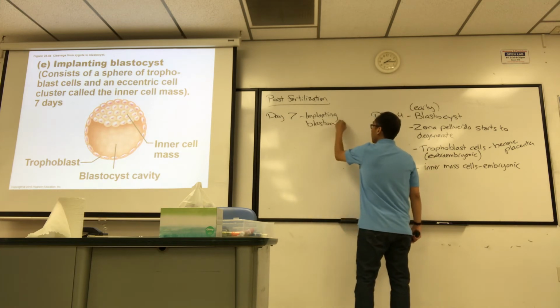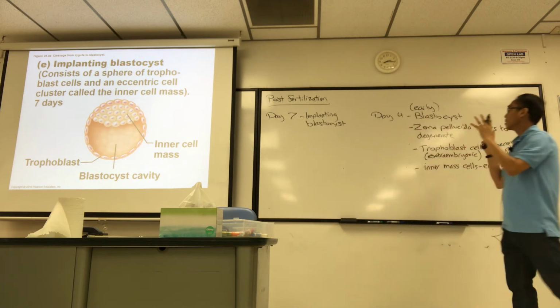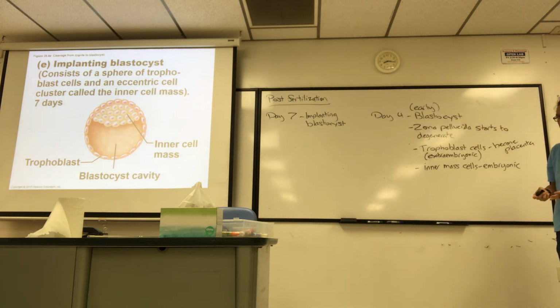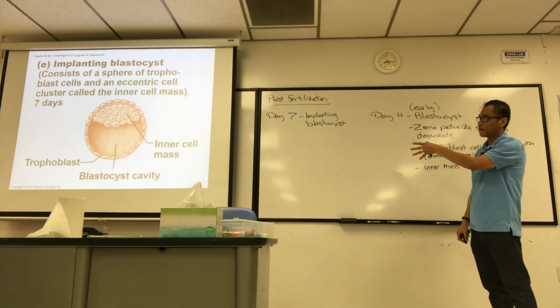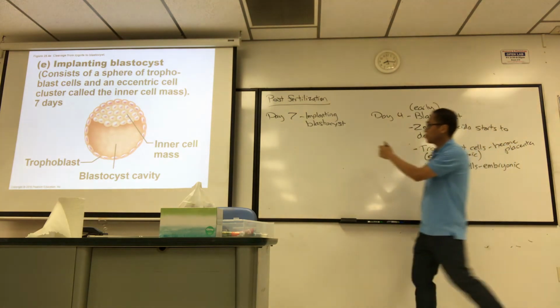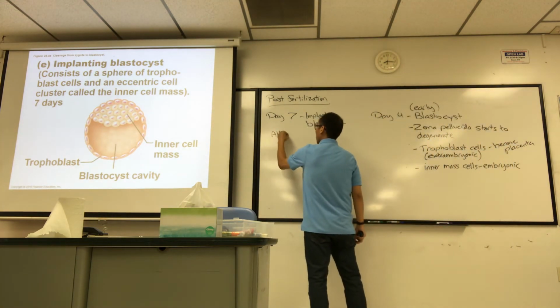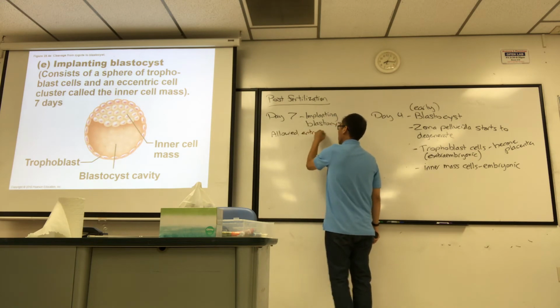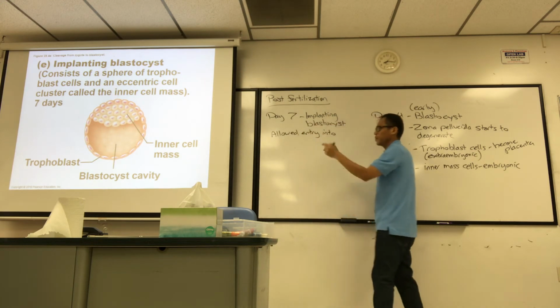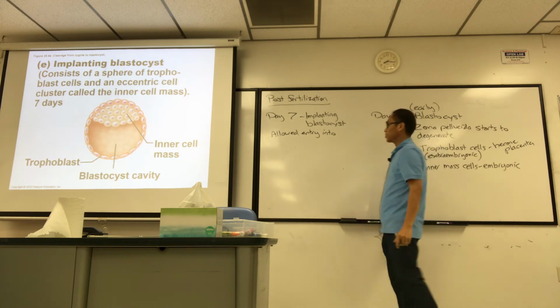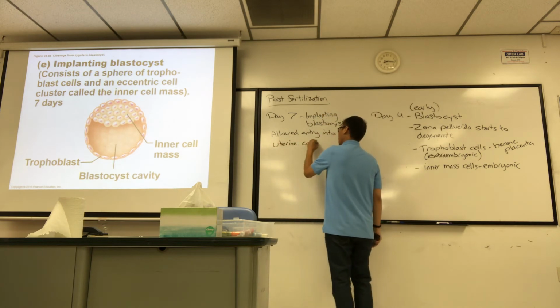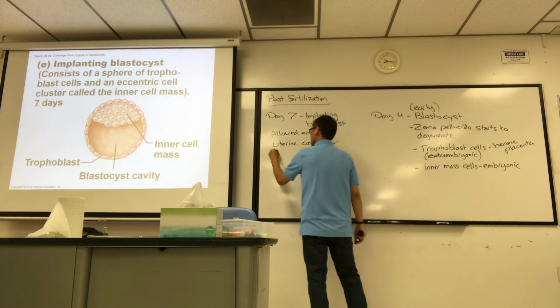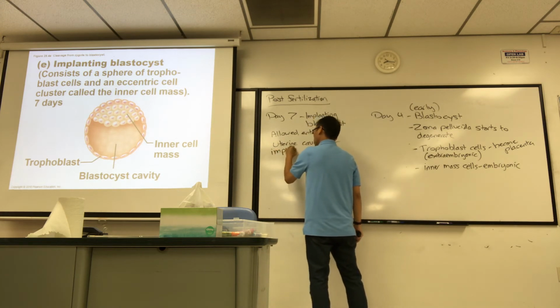Up until this time, the conceptus was in the uterine tube. The isthmus, I'll show you a picture later. Now you're finding allowed entry from the uterine tube into the uterine cavity for implantation.